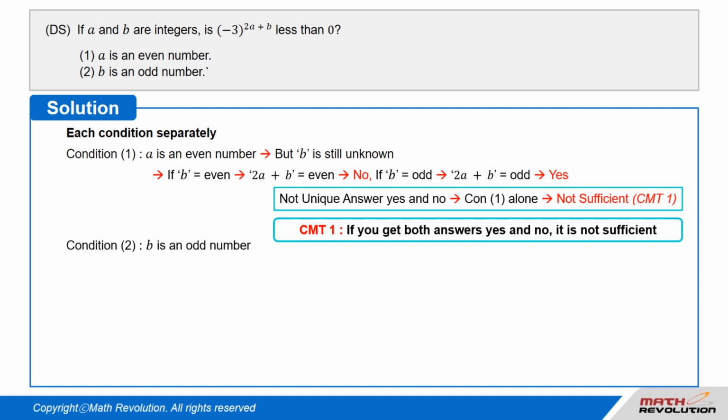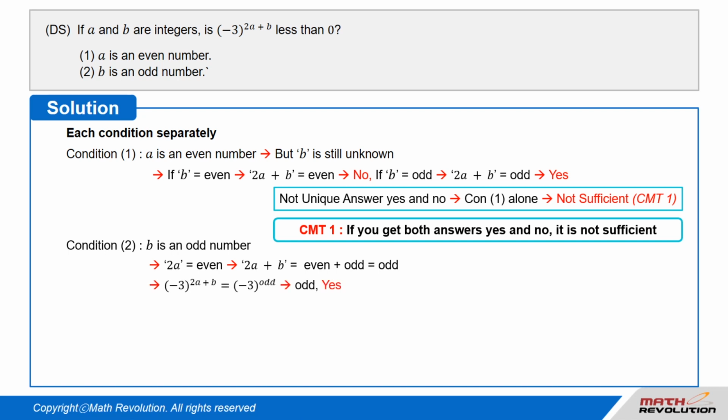Condition 2 tells us that b is odd. Now, 2a will always be even irrespective of the value of a, and 2a plus b will be odd when b is odd. That is, 2a plus an odd number equals an even number plus an odd number, which equals an odd number.